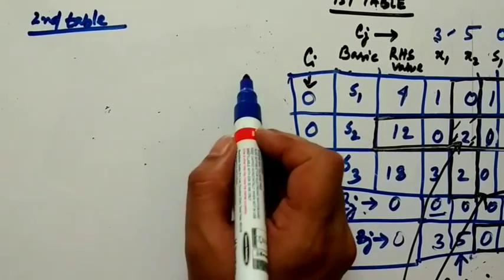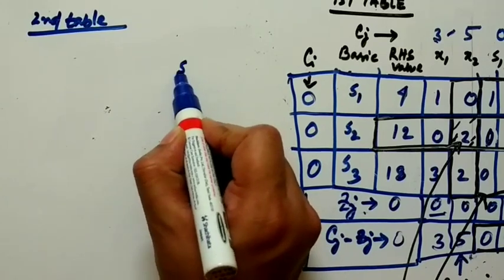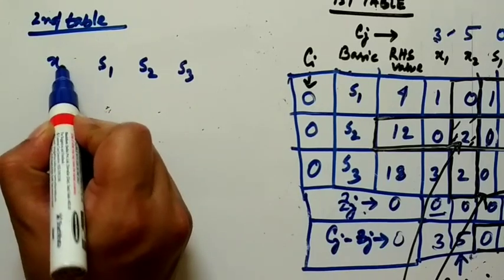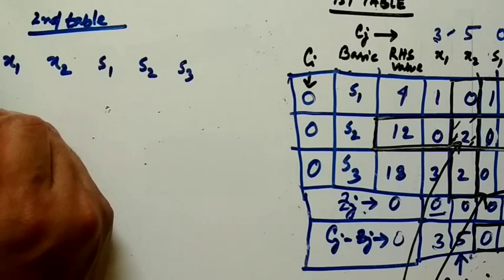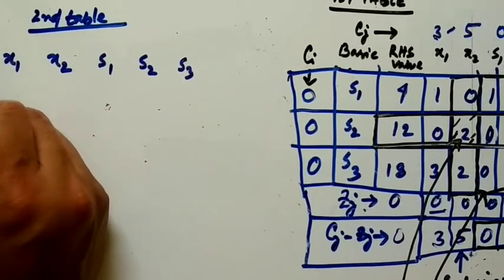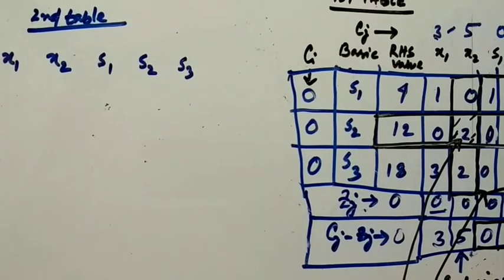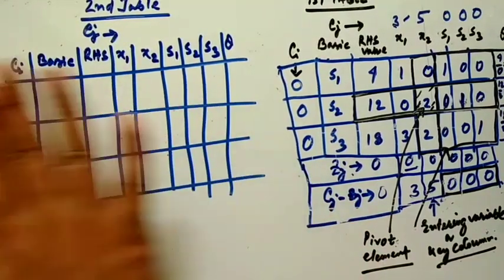Now say this is S3, this is S2, this is S1, this is X2, this is X1, and this is Cj. Cj value will be here, and RHS value. Now due to restrictions of space, I have to shift it over here.